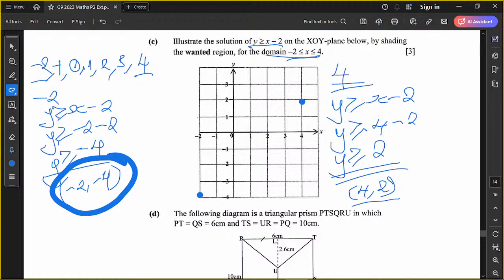All we need to do is to get a ruler and draw a line. Okay, now unfortunately I don't have a ruler. I'm going to use a free hand, but you need to get a ruler as you are writing exam. So this means the line is going to pass from this point. Sorry, I'll try to pass through the middle part.